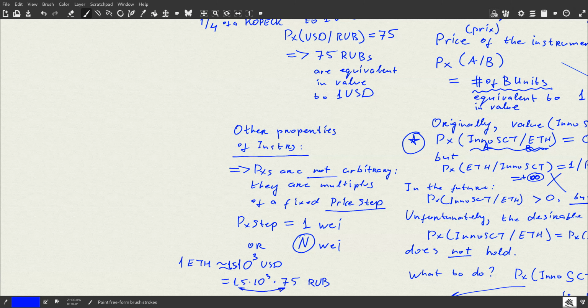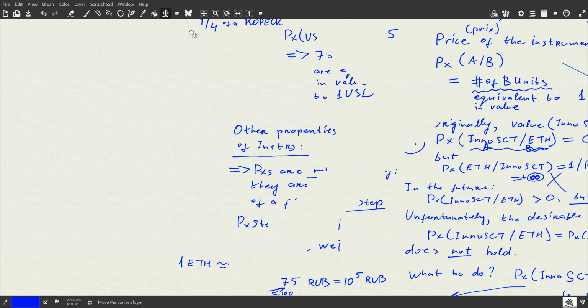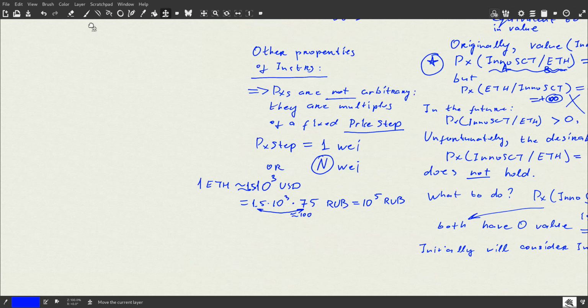Excuse me, what will I do, 1.5 times 75. I would say it is exactly 100. Okay, so it is 10 to 5 rubles. That's one Ethereum, roughly. 100,000 rubles. That's one Ethereum. Therefore, one wei being 10 to minus 8 Ethereum is 10 to minus 3 ruble.